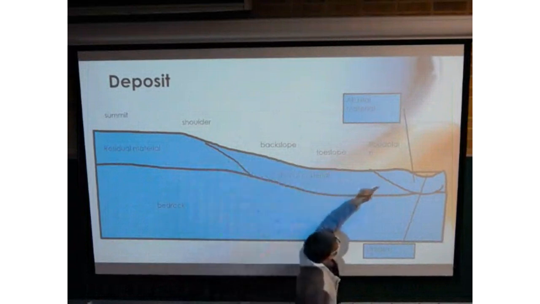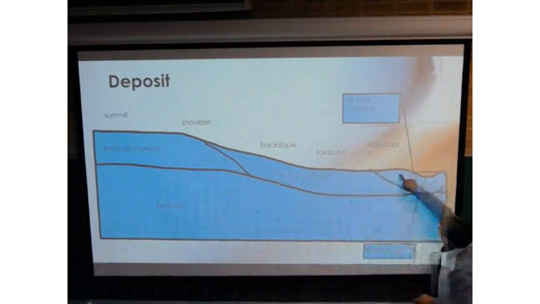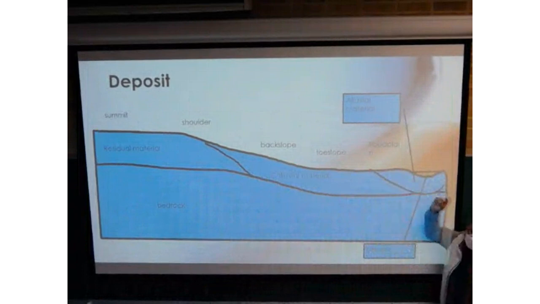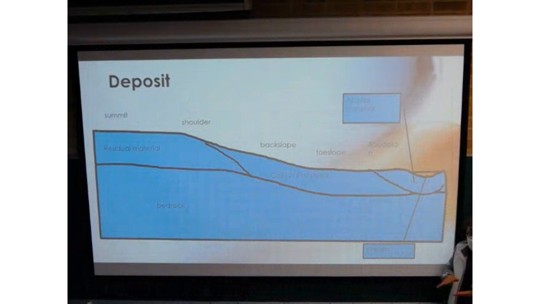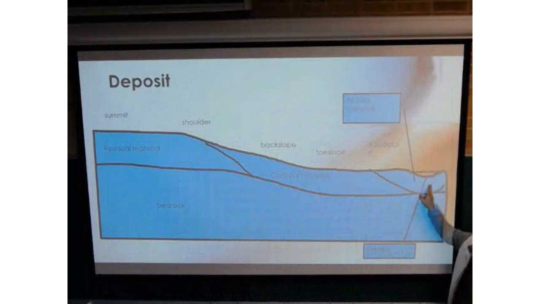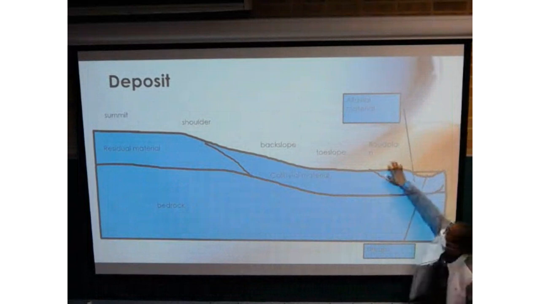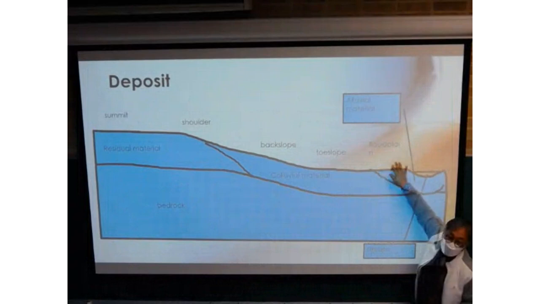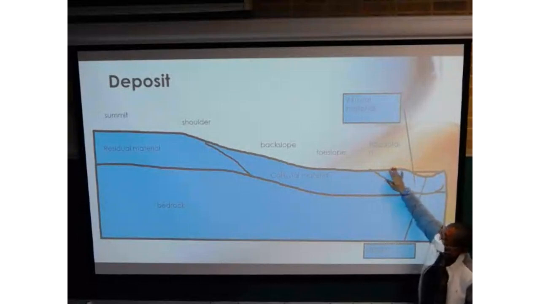And then here is alluvial material that is accumulated by a river. When the river moved in, it dropped sediments and they accumulated. So we call that alluvial, and this kind of area that accumulates sediments from a river would be the floodplain area.